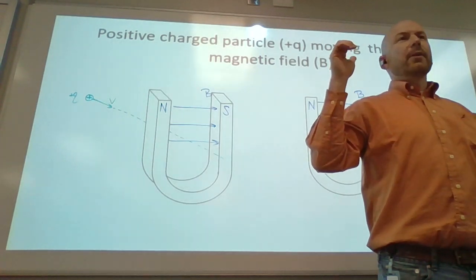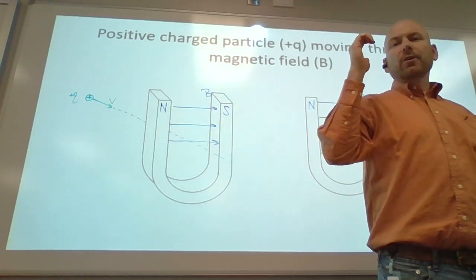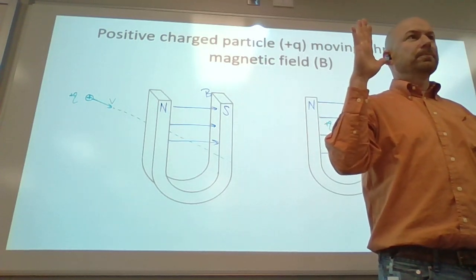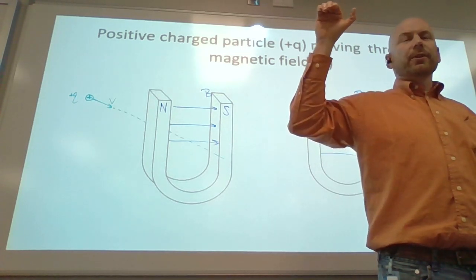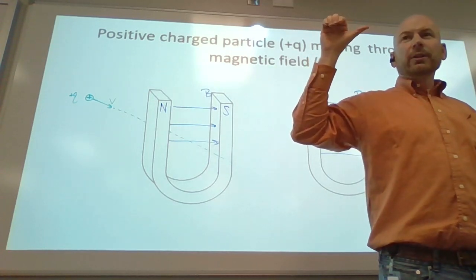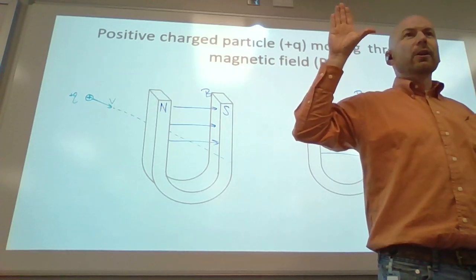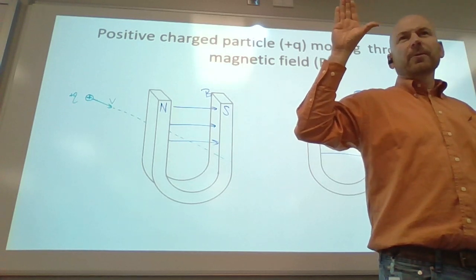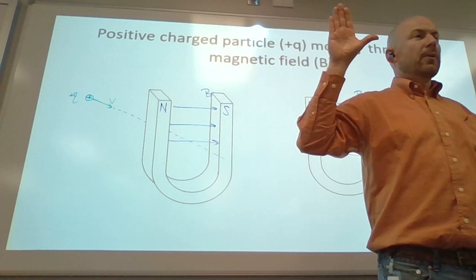In right-hand rule number 2, your fingers aren't curled, they're flat, but your fingers are still the magnetic field. In right-hand rule number 1, what does the thumb represent? Current. When you're dealing with a wire, your thumb still represents current. But if you're dealing with a single charged particle, it just represents the velocity. It's which way things are moving.